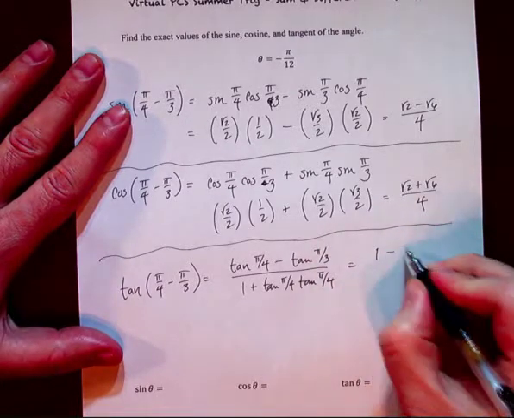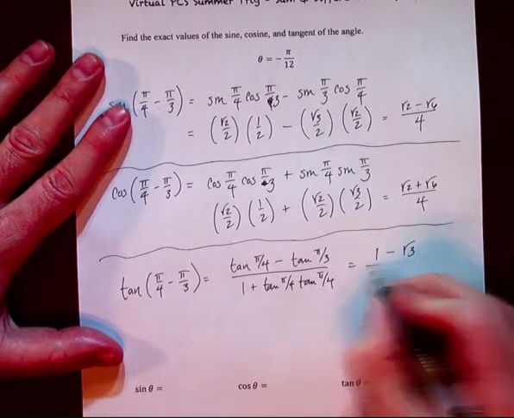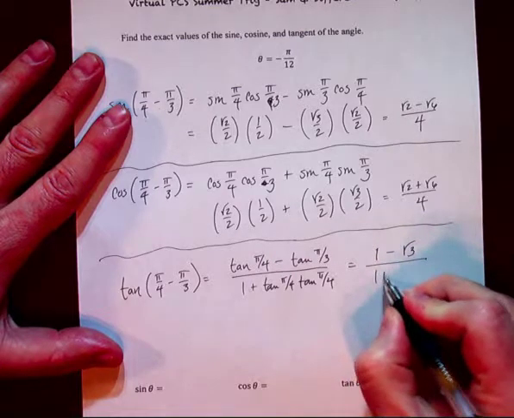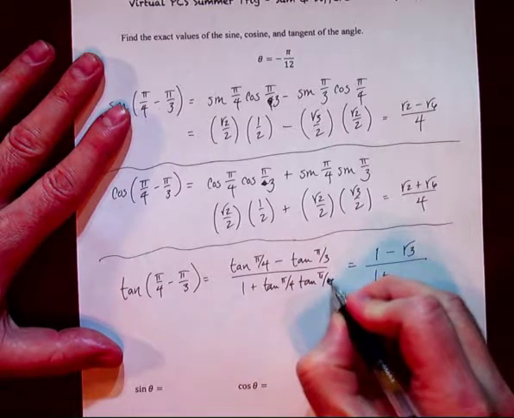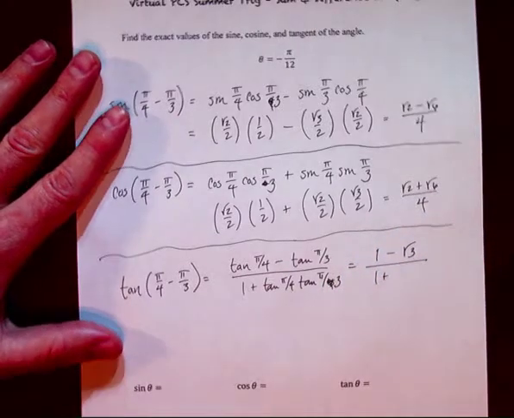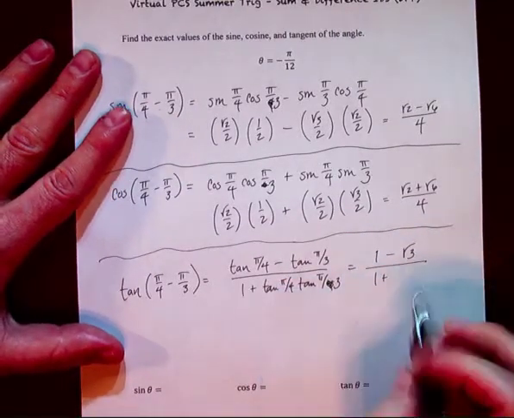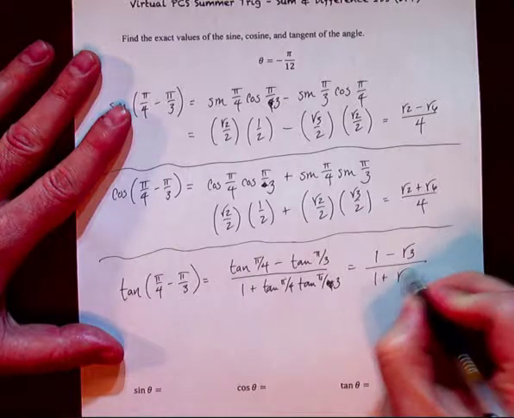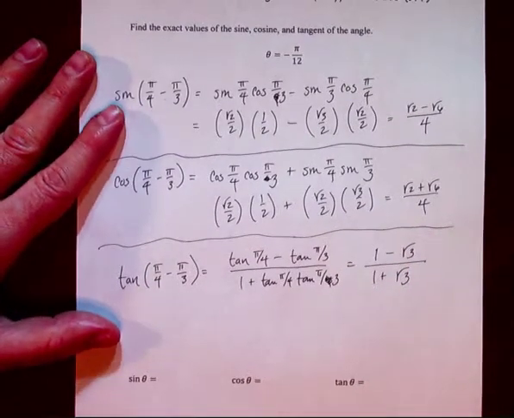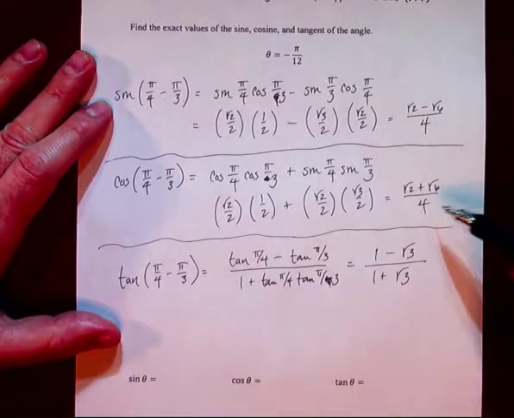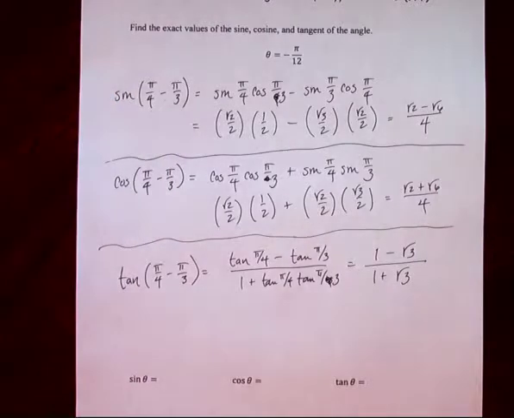Tangent of pi over 3, you should know is root 3. All right, tangent of pi over 4 is 1, and tangent of pi over 3 is root 3. And you're thinking to yourself, well, that over that, is that really the same thing? Well, I don't know. Let's see.